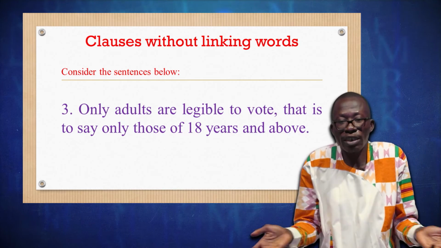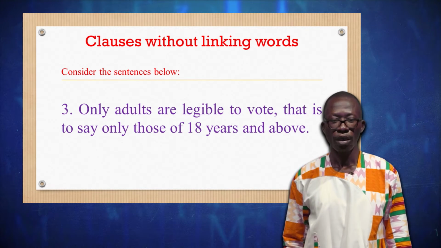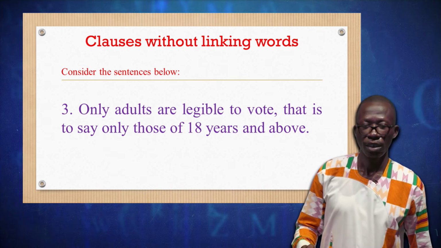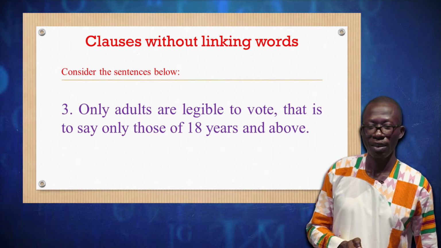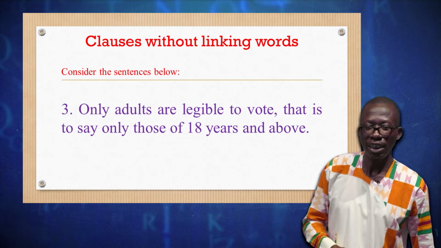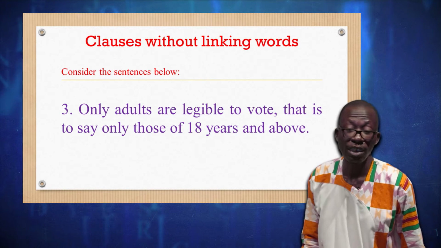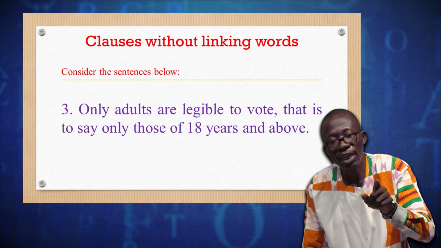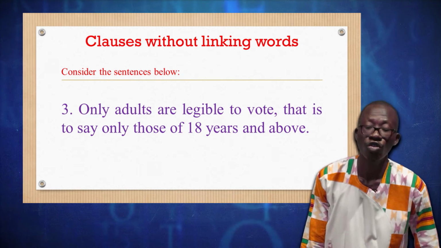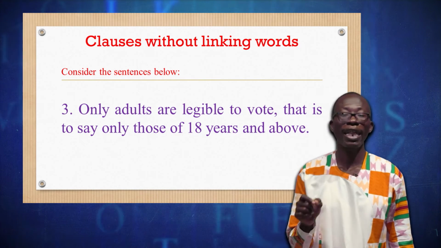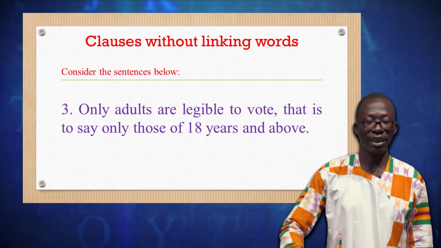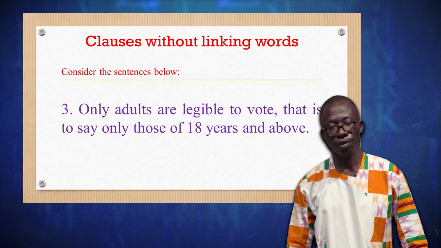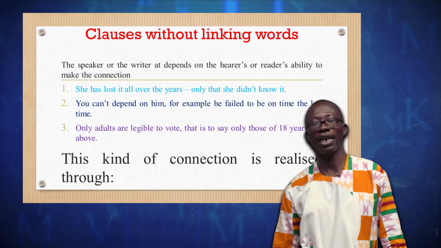So you say that only adults are eligible to vote, but making the statement more profound, the writer repeats the statement in another way, saying that only those of 18 years and above. So if you do not know the category of adult the speaker is referring to, the speaker is saying clearly that if you are not 18 years and above, you cannot vote. You are not eligible to vote.